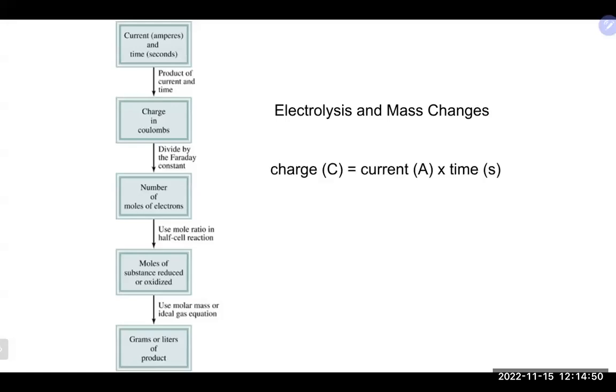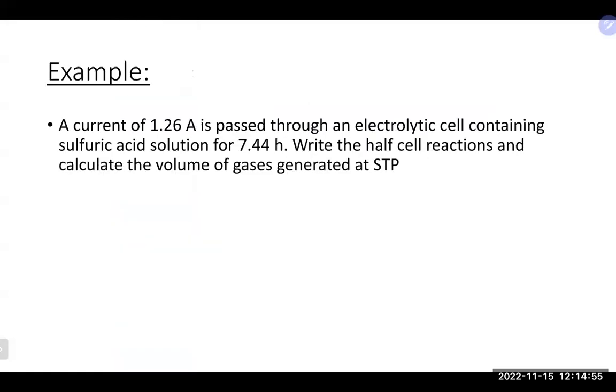So remember, when we're doing electrolysis problems, they do follow a certain pattern. Usually you are given how long you ran the cell for, at what amperage you ran the cell for, and you're oftentimes asked for how much product you would produce, maybe in grams.